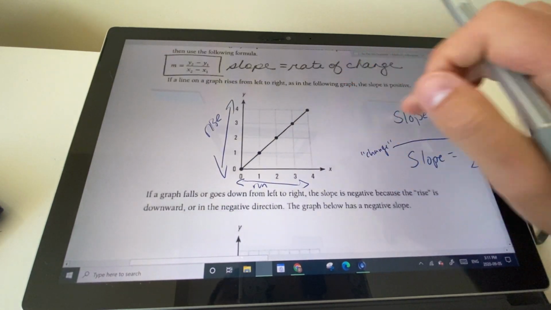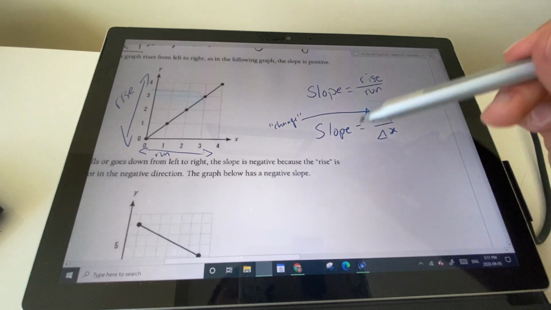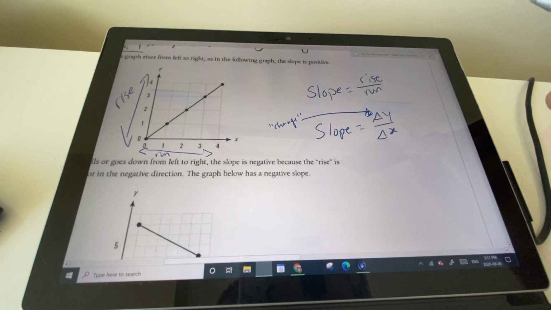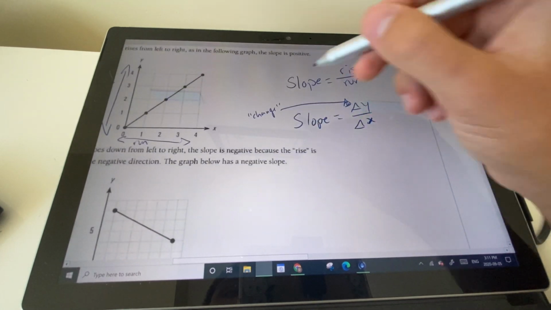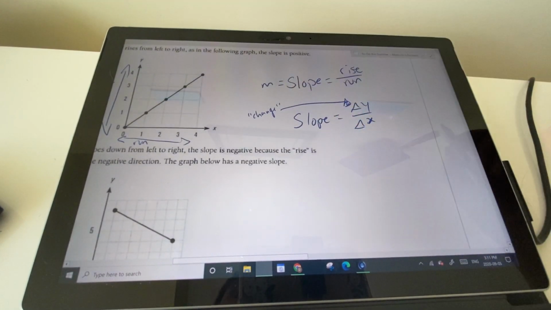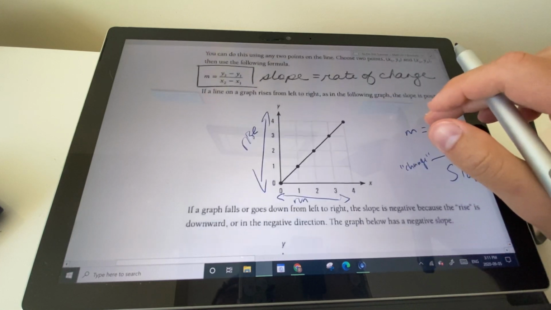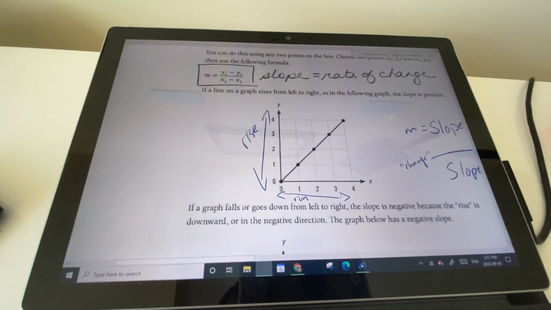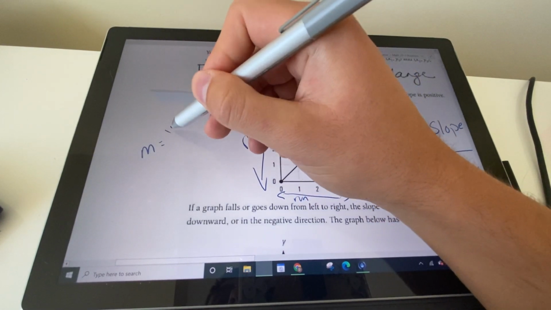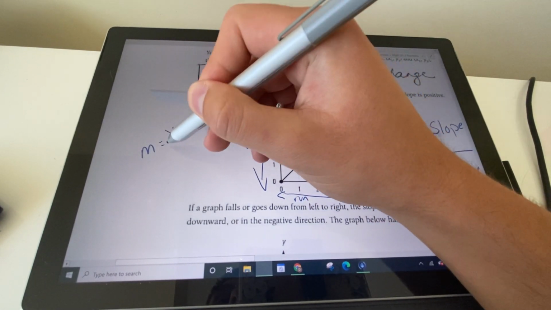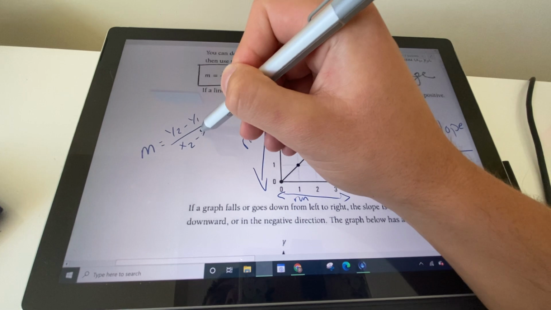That's also called the rate of change. So slope is known as rate of change as well. Remember, slope also is represented by a little m, and this is normally the equation we're going to use here. So m equals y2 minus y1 over x2 minus x1.